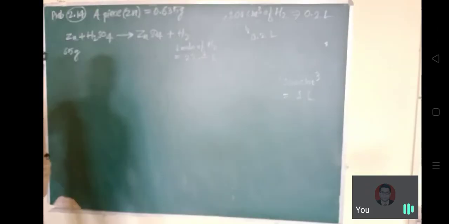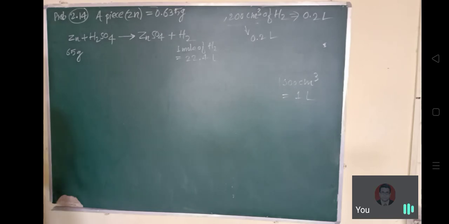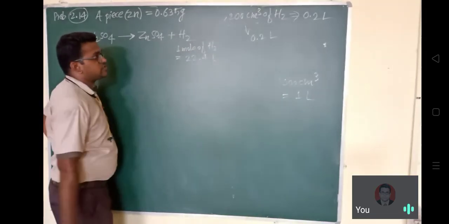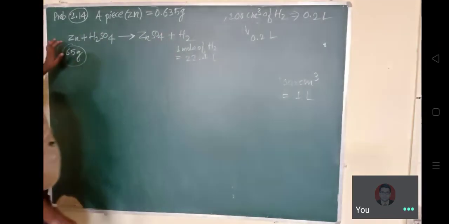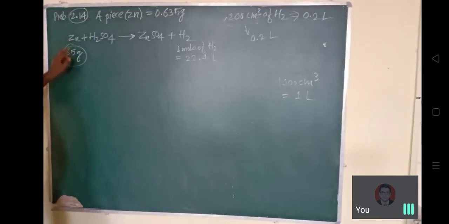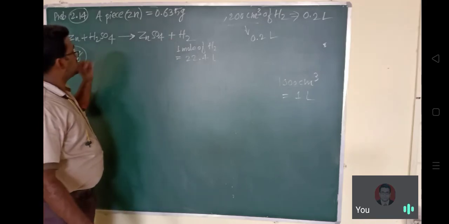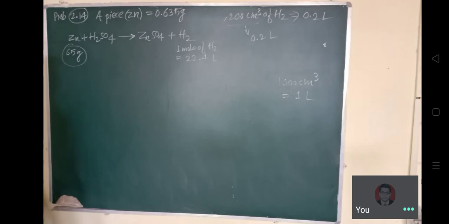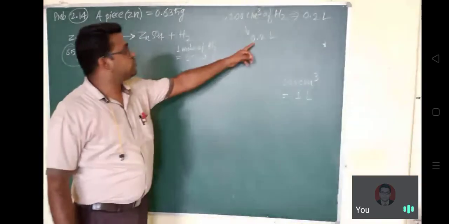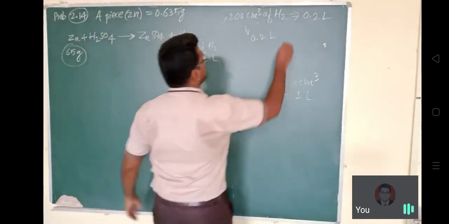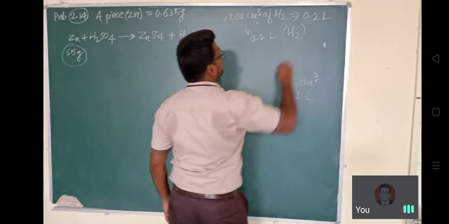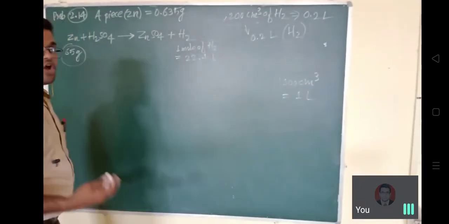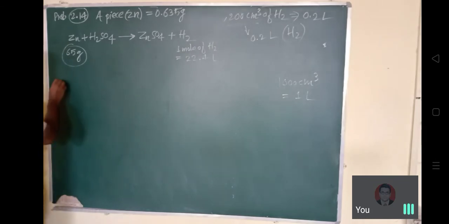So we can say that for 65 grams of zinc, when it reacts with H2SO4, it liberates 22.4 liters of hydrogen. What we want to find out is, when 0.2 liters of hydrogen is there, how much is the quantity of zinc?